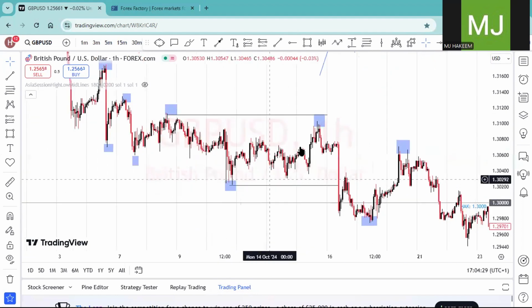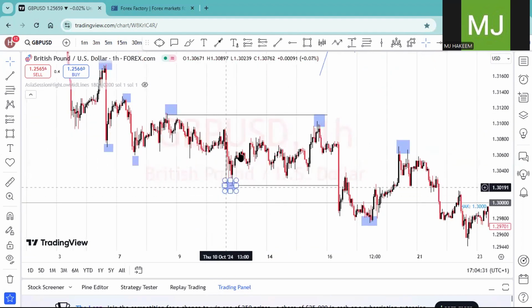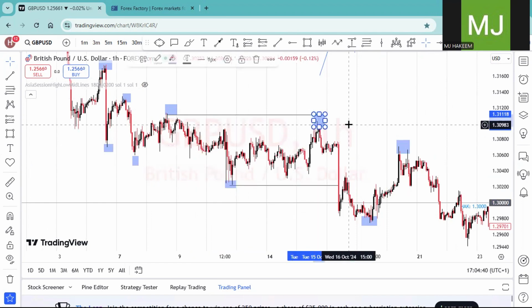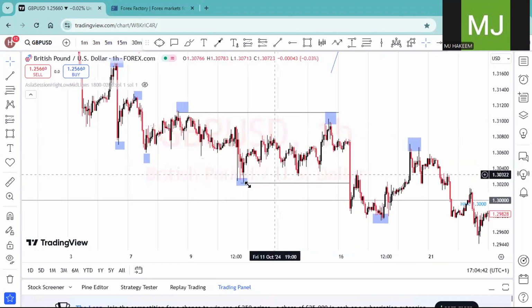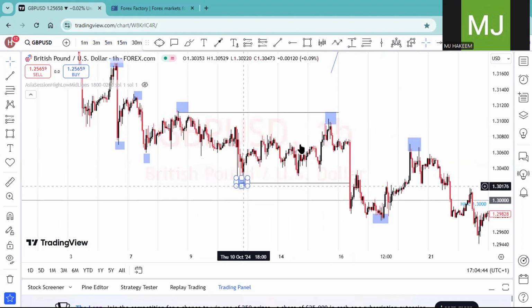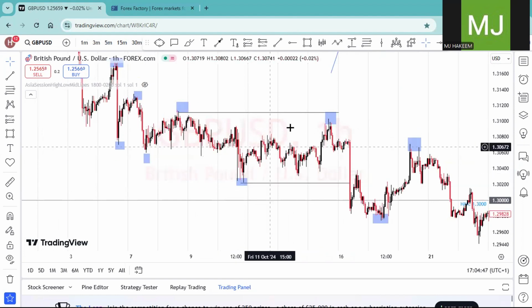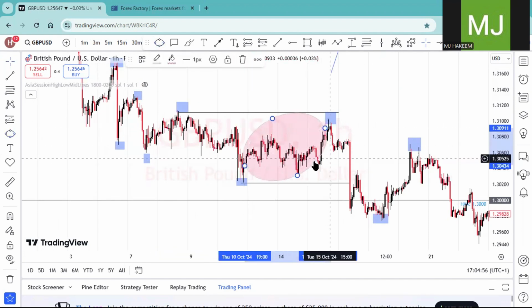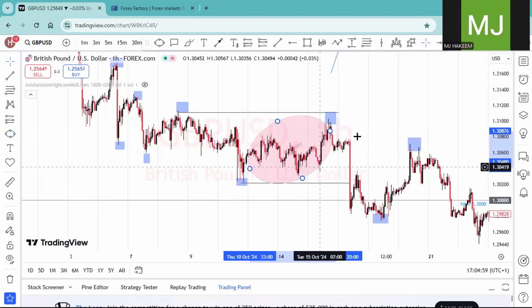Lower lows, lower high. Now from this swing here, from this lower low up to this lower high, let me just give you guys a tip. From this lower low to this lower high, every single thing that happens here, everything that happened within here and here is termed as my internal structure.